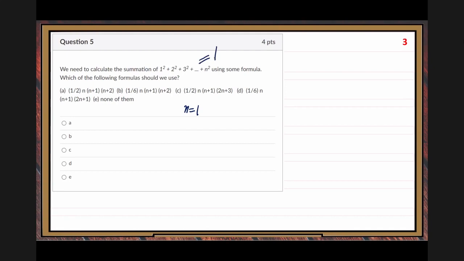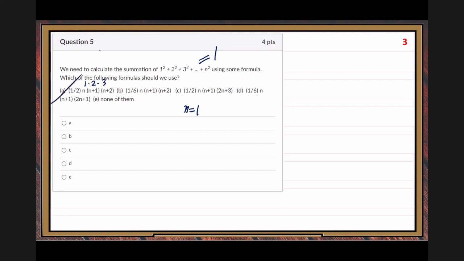Now plug in the first of 4 options, because E we will see at the end. The first one, A: 1 times 2 times 3 is 6, then multiply by 1/2, that's 3. 3 is not equal to 1.